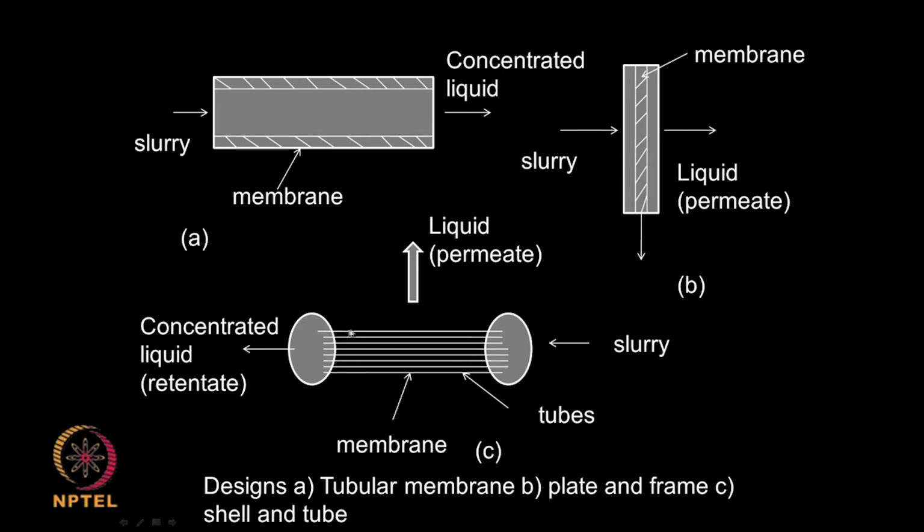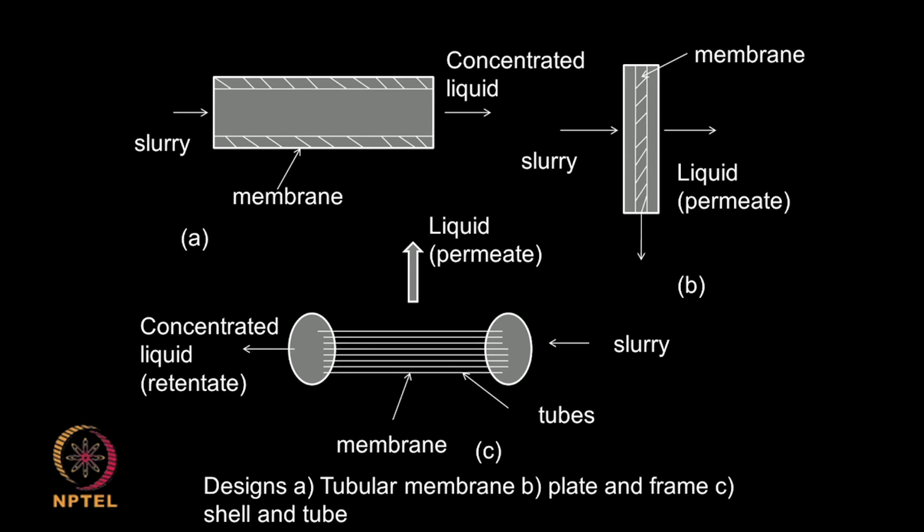So, almost like a heat exchanger, we have lots of tubes which are made up of membrane material, so sort of porous. The permeate comes out on the shell side, the retentate comes through the tube side. So, you introduce the slurry here, many tubes are there almost like a heat exchanger, and then the retentate comes out here, and then the permeate comes out through the shell side.